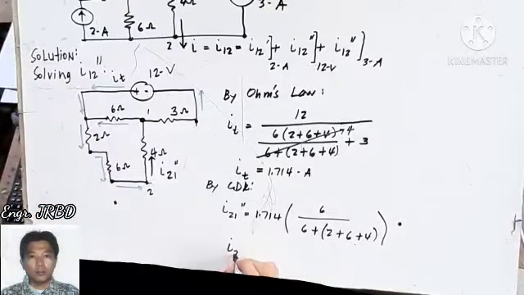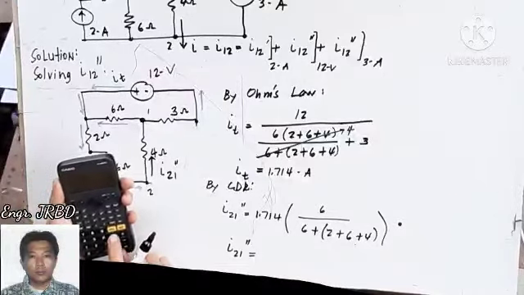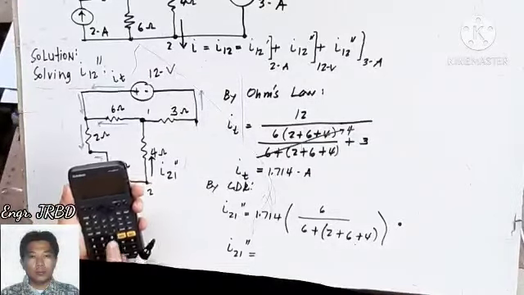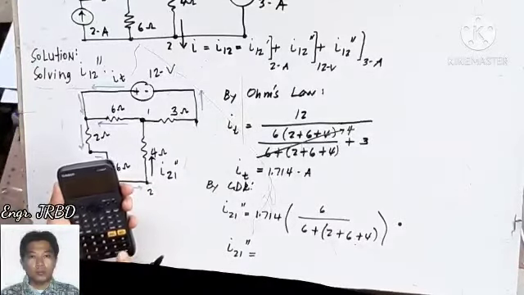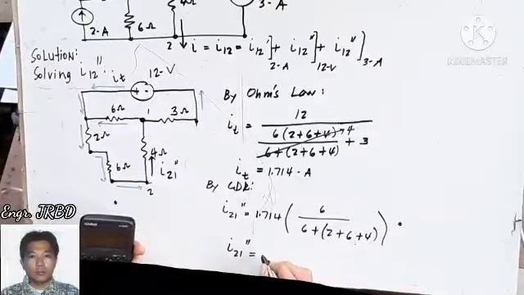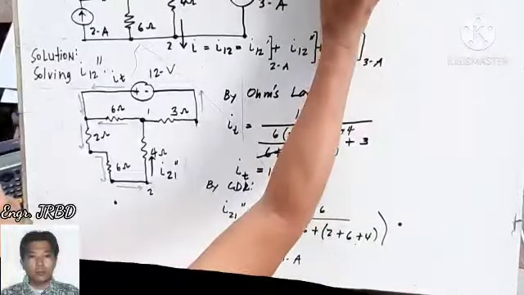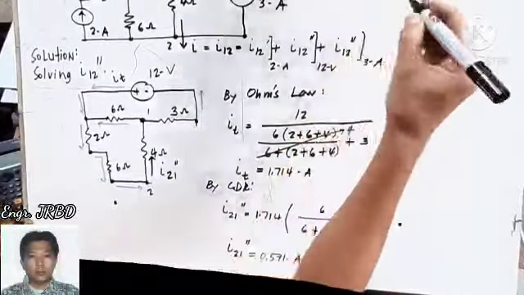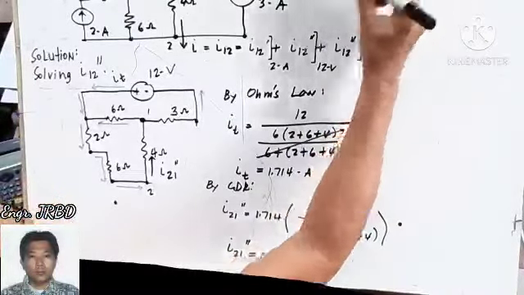So your I-21 double prime is, okay, that is 0.571 amperes. This is your I-21 double prime, 0.571 amperes.